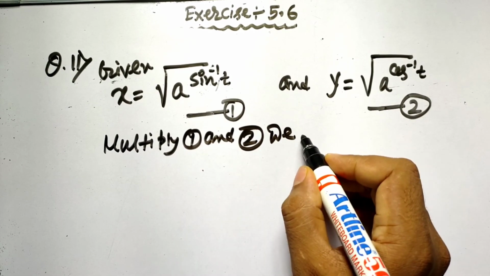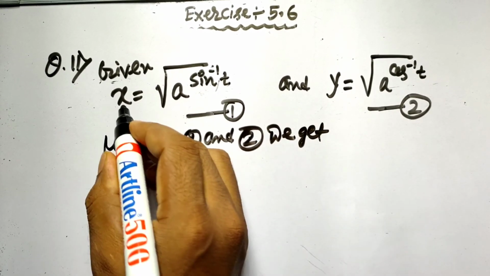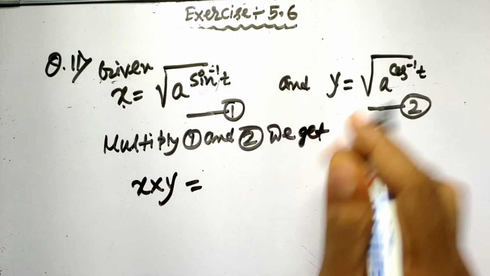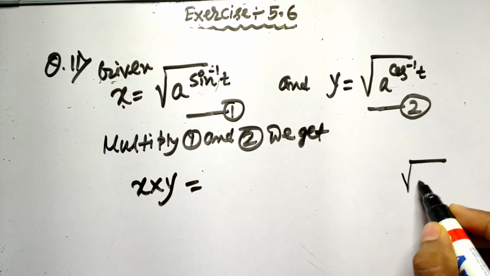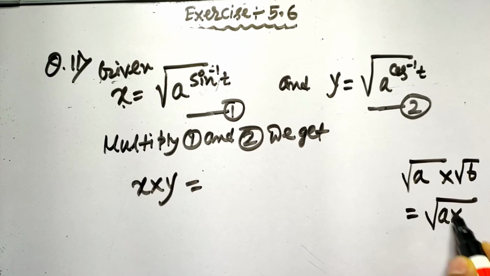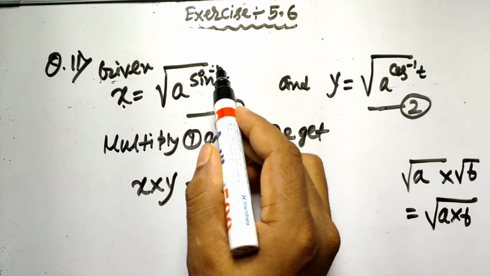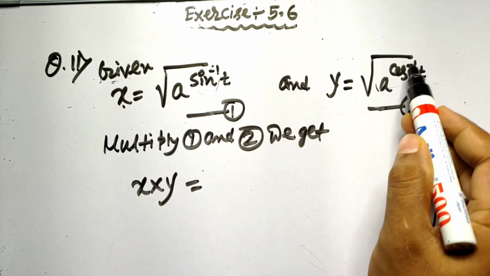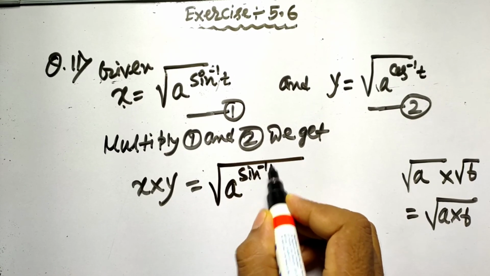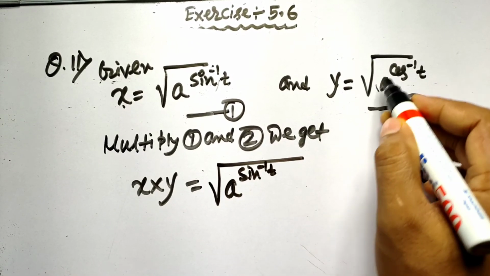Multiply 1 and 2, we get x into y equal to root under this into root under this. We know root a into root b can be written as root of a into b. So consider this is a and this is b. So root of a to the power sin inverse t into root of a to the power cos inverse t.